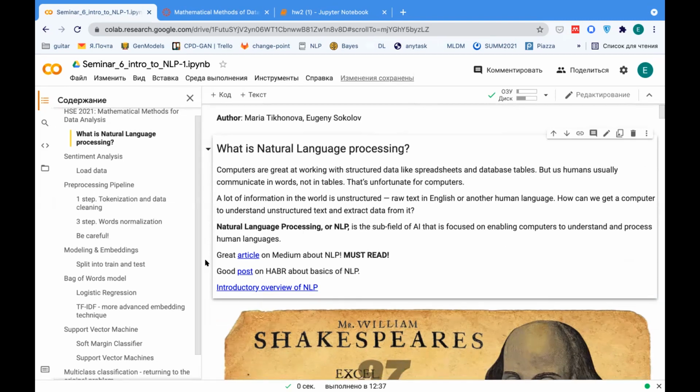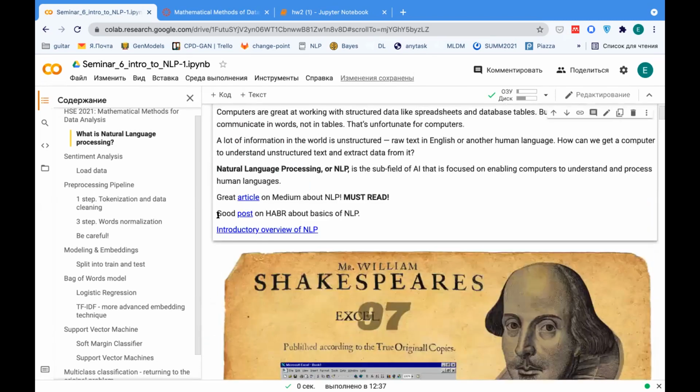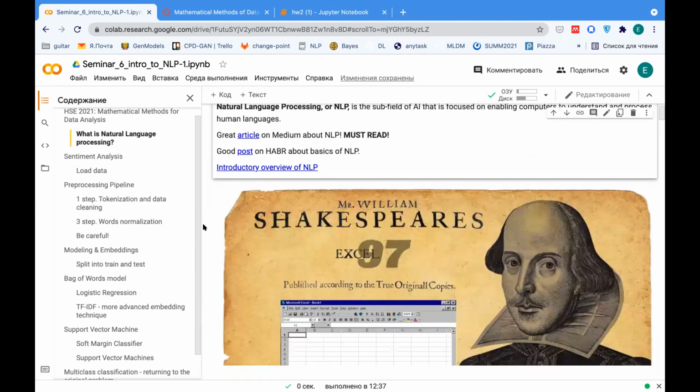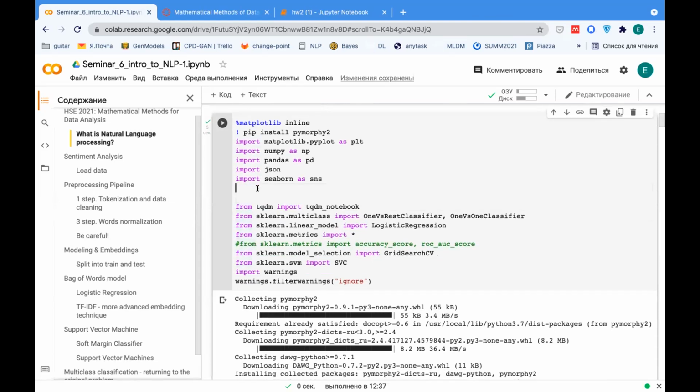So what we can do using natural language processing is take some texts and transform them to a view that our computer can understand. For a computer to process your text, you need to transform it to some numbers or vectors, and we'll do it now. Okay, let's import some libraries at first.